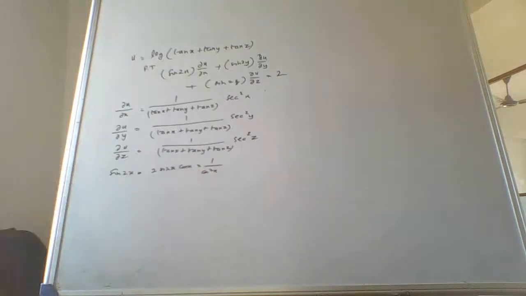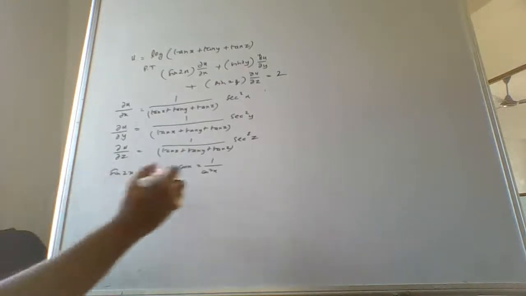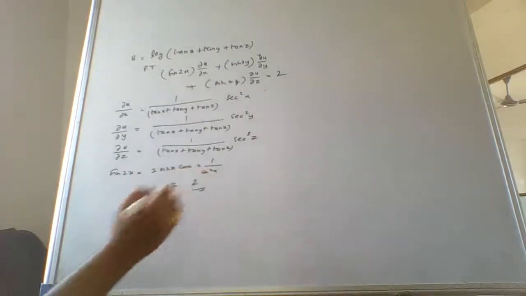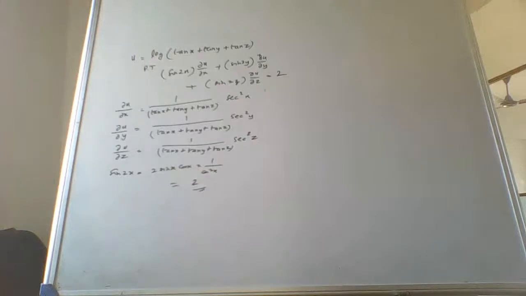These two get cancelled, so I'll be left with only 2 tan of that. When I try to simplify everything, on the left hand side I get 2 as a result. I hope you understood this problem.